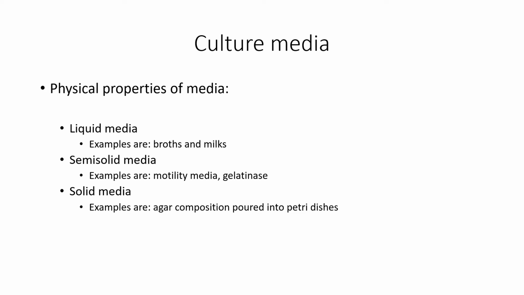Or brain heart infusion broth, and again, litmus milk. Some semi-solid media would be things like motility media or gelatinase. And then some examples of solid media would be anything that's made of agar. That would include your blood agar plates, your MacConkey agar plates, or even your chocolate agar plates. Those are the types of culture media you're going to see in the laboratory: liquid, semi-solid, or solid media.